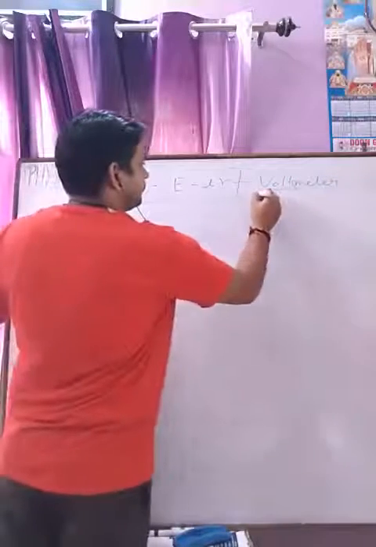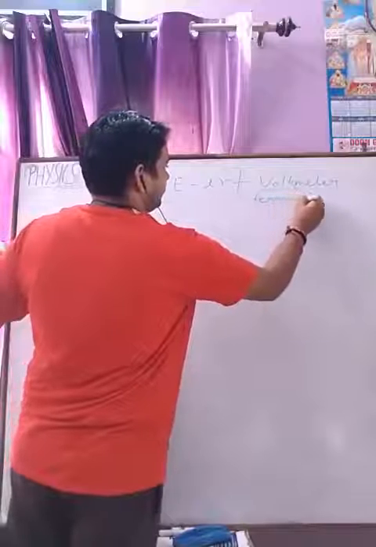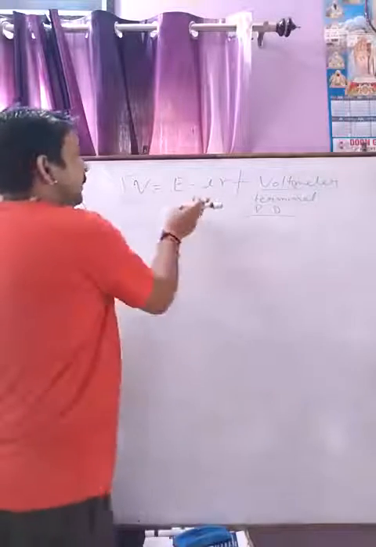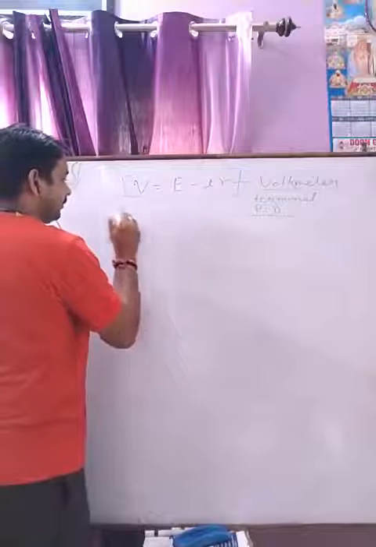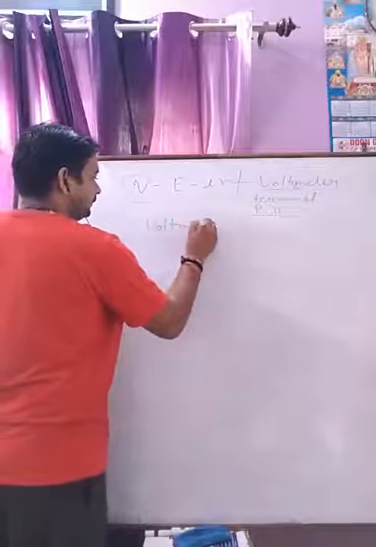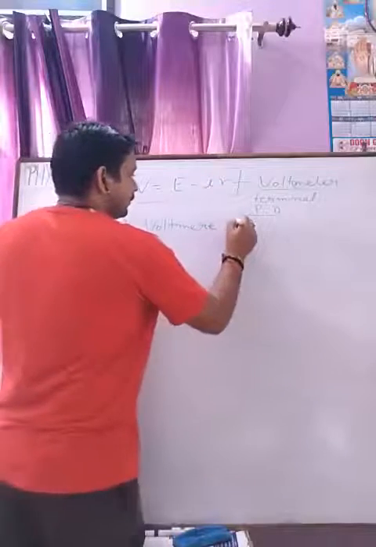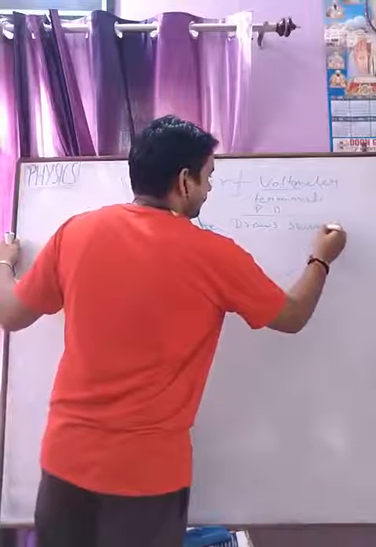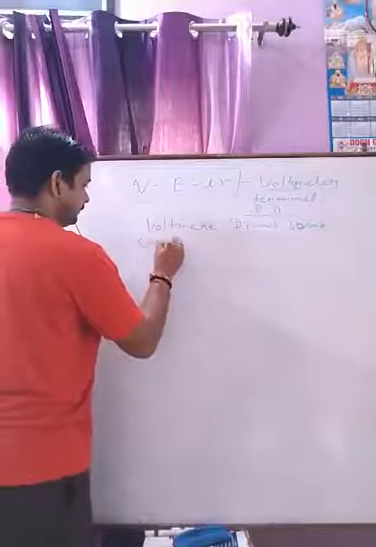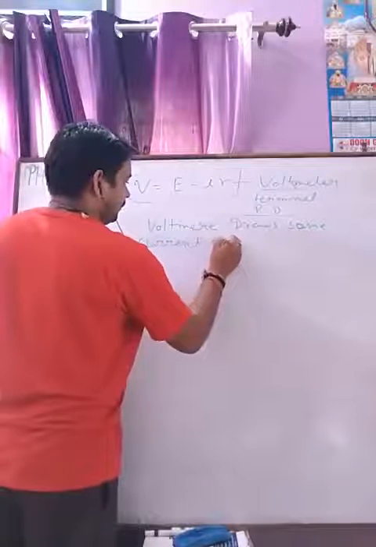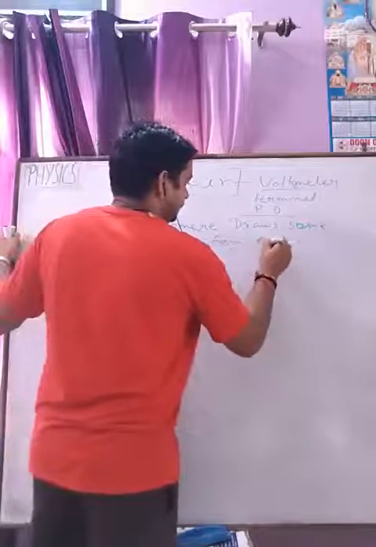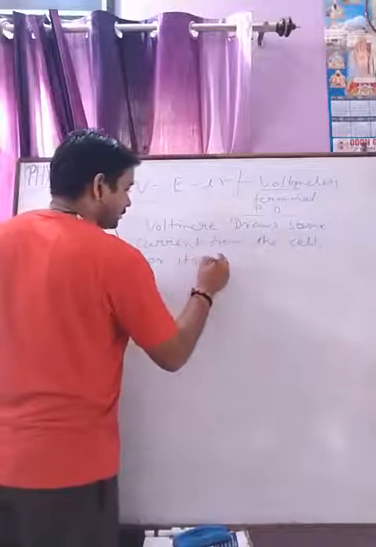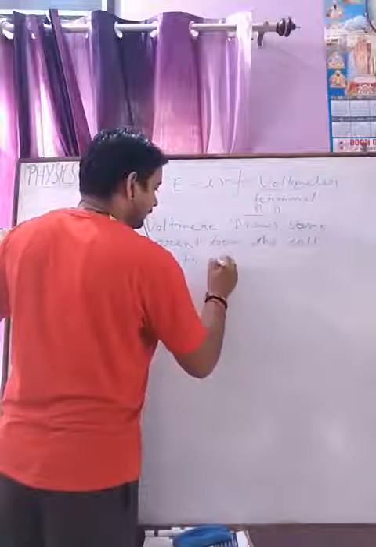This measurement is called terminal potential difference, not EMF of the cell, because the voltmeter draws some current from the cell for its own working.